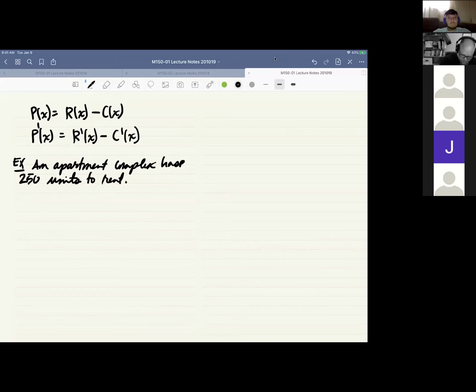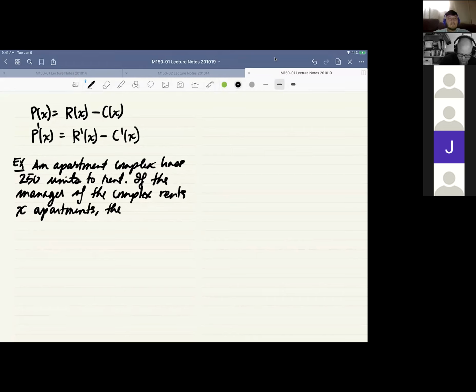If the manager of the complex rents X apartments, the property generates a profit given by this function.